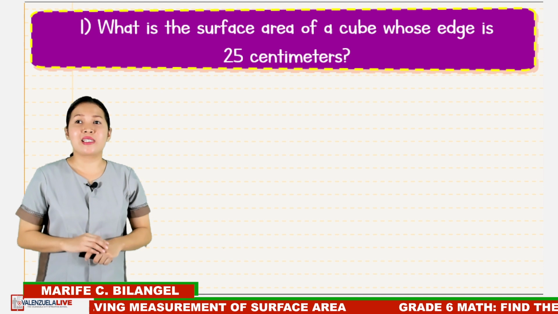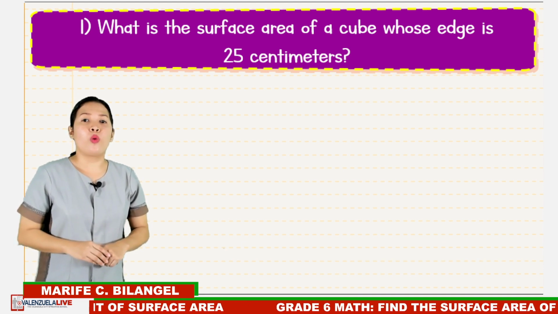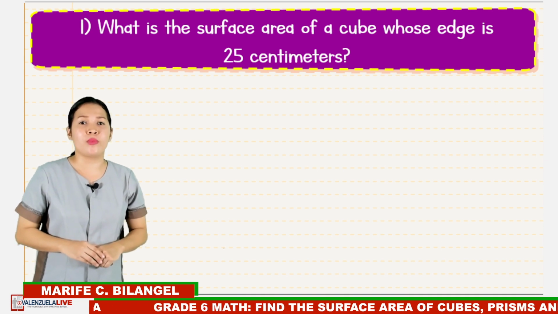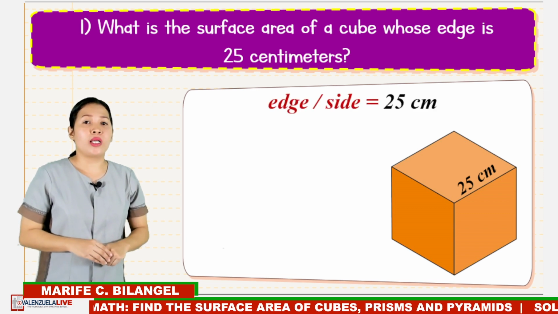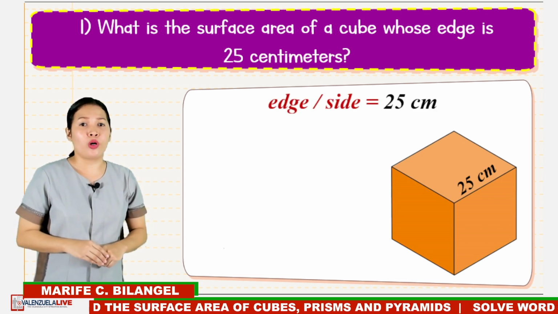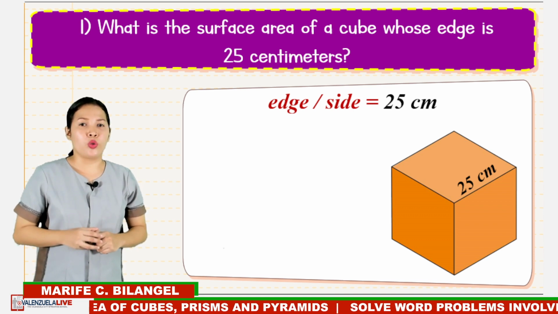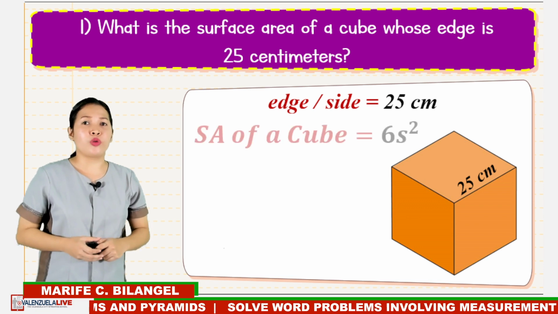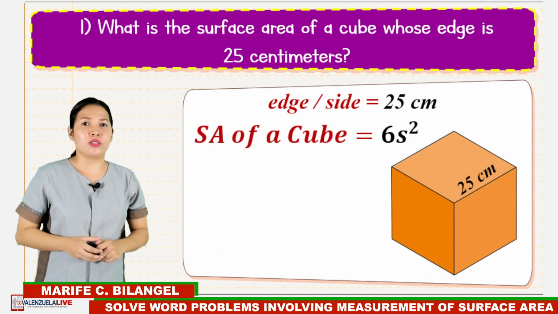Time's up. Let us see the answer for each problem. The first problem is, what is the surface area of a cube whose edge is 25 centimeters? The given is 25 centimeters for an edge of a cube. To find the surface area of a cube, we use the formula 6 times s squared.